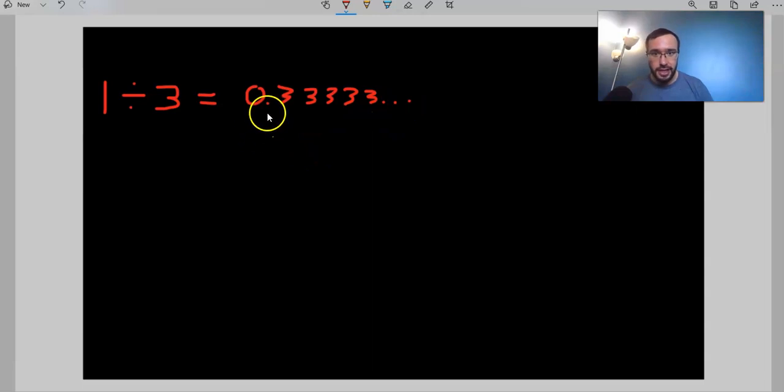What you do is, first of all, everything in front of the decimal, just leave that as it is. In this case, it's just a 0, so not a big deal. So 0 point. And then from here, and I'll do a few more examples after this too, where it's a bit different, but in this case, it's the 3 that's going on forever, right? So what you can do is just write the digit that is recurring, so the digit that's going on forever, and just write a horizontal line above it, just like that.